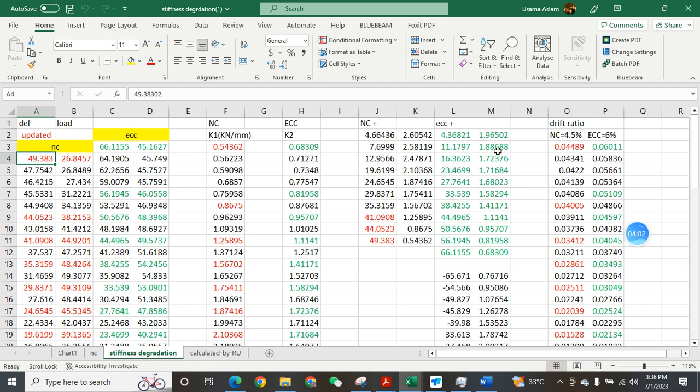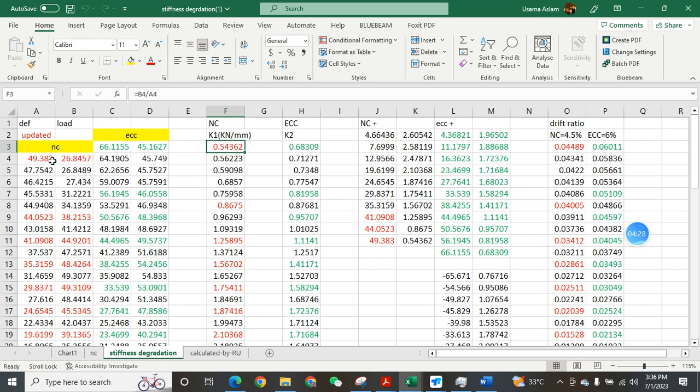I told you that the normal concrete failed at a 4.5% drift ratio, or up to 50 millimeters, and for ECC the maximum displacement we calculated is 66. So for normal concrete we calculate K1, and for ECC it is K2. I told you how we calculate the K value: load versus deflection.